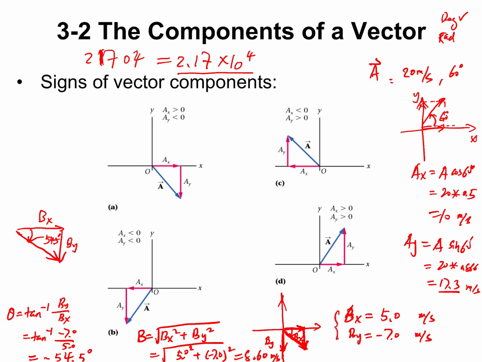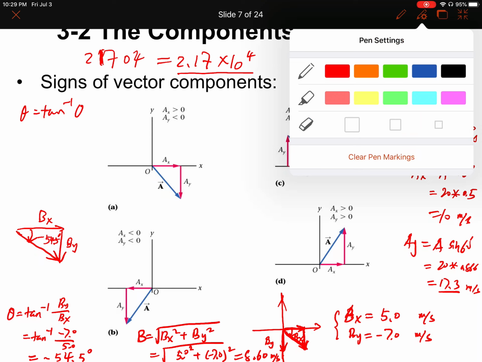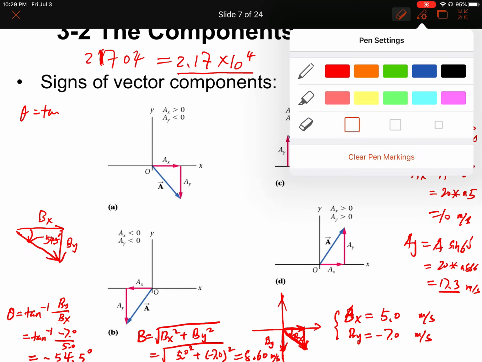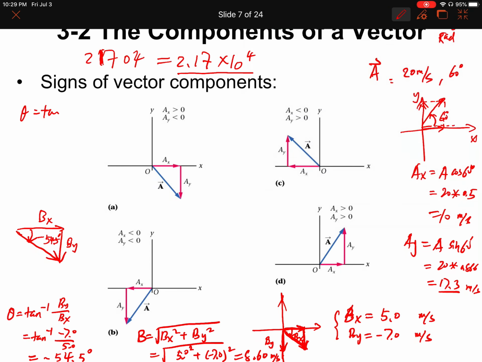A little bit of a problem here is that you have the inverse function, right? So when you do the inverse tangent function, tangent is y over x, right? Tangent we'll say By over Bx.